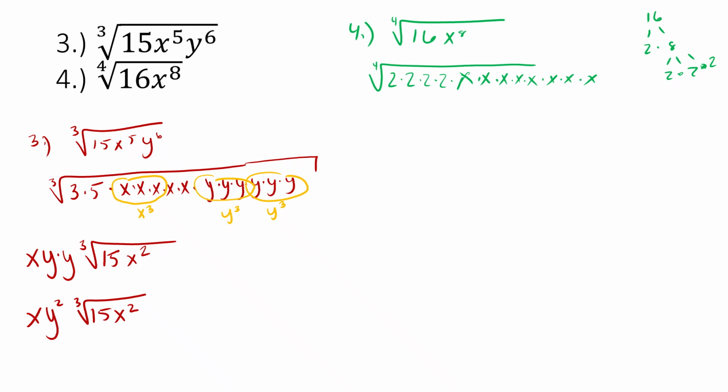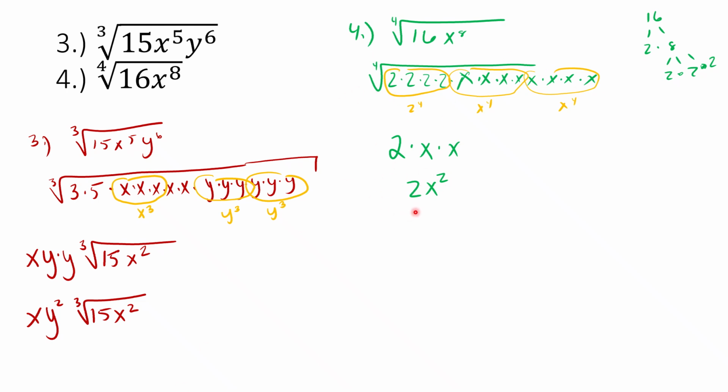So here we have a 2 to the 4th, and then we have an x to the fourth, and then we have another x to the fourth. So the fourth root of 2 to the fourth is 2. And then the fourth root of x to the fourth is x, and then another one is x, and of course x times x is x squared, and there's nothing left under our radical.